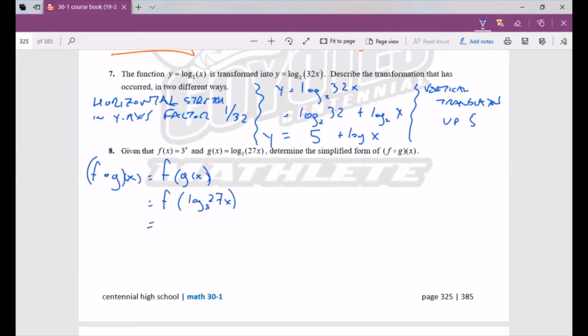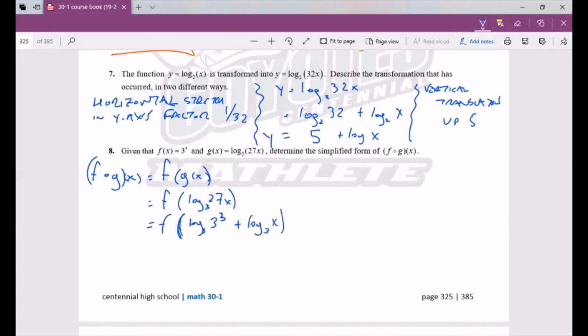We could simplify that a little bit, and let's call this the logarithm. So f of, let's leave that f alone for now. We're going to break that 27x apart. Logarithm of 3 cubed base 3, plus the logarithm of x base 3.